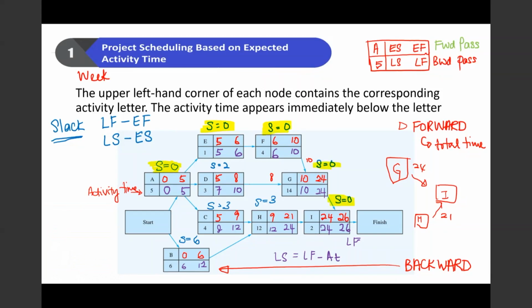Hence, a path that connects the critical activities is your critical path. So this is from start to A to E, E to F, F to G, G to I to finish. Hence your critical path is A, E, F, G, and I.